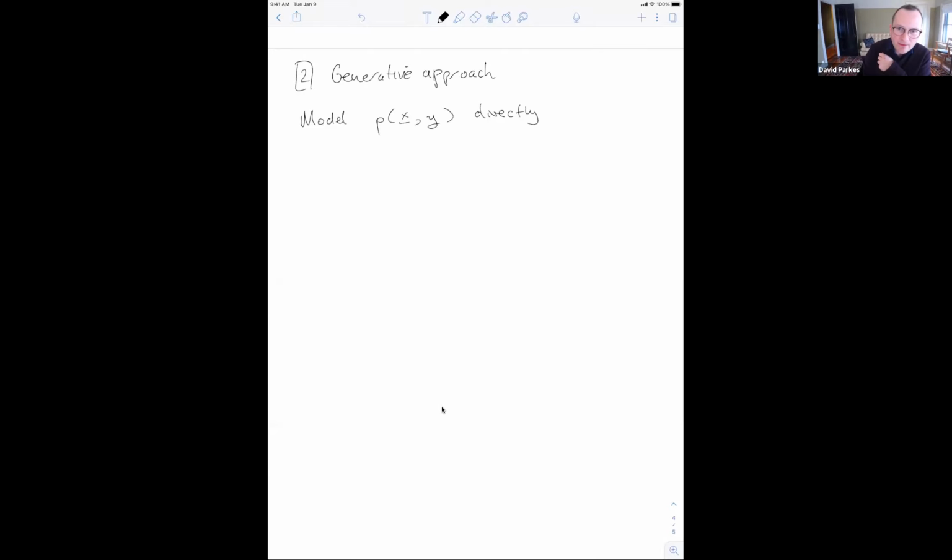And we're going to need to do three things to do this. One, we'll need to decide on a generating process. Two, we'll need to parameterize our model. And three, we will then minimize the negative log likelihood.